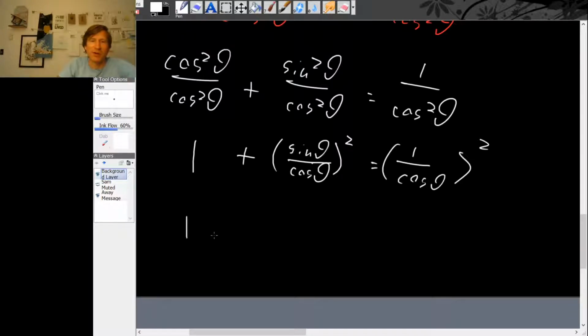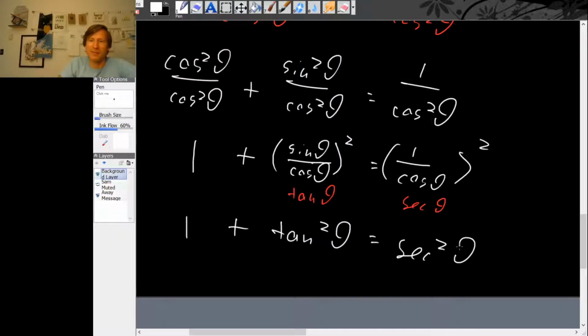That means we get 1 plus sine theta over cosine theta, well, that's just tangent theta. So we square that, tangent squared theta. And on the right-hand side, 1 over cosine theta, that's secant theta. So this is secant squared theta.